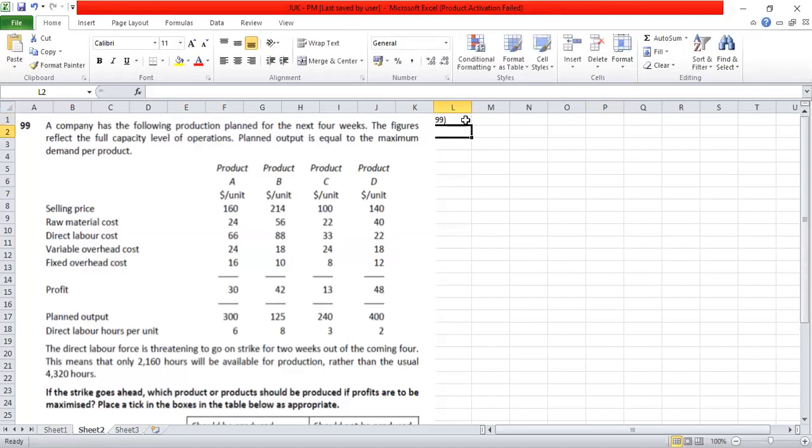The question has four different products A, B, C, D. There is one resource which is limited. That resource is availability of labor, because the direct labor force is threatening to go on a strike. So only a limited number of hours are available. This means that only 2,160 hours will be available for production. Otherwise, 4,320 hours were available. Now there is a limitation on how many hours are available, so they have to plan accordingly.